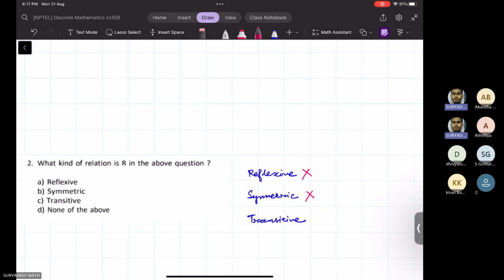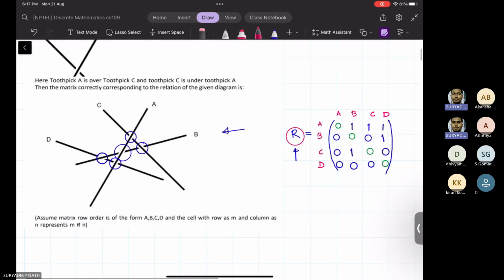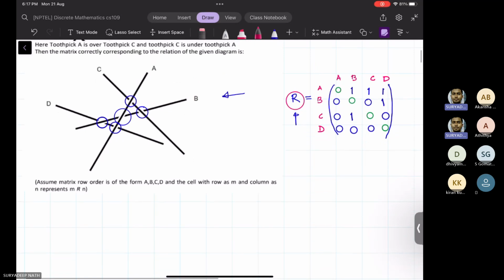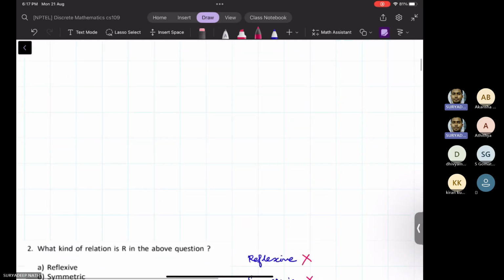What is a transitive relation? First tell me, what is a transitive relationship? Can anyone explain what a transitive relationship is?